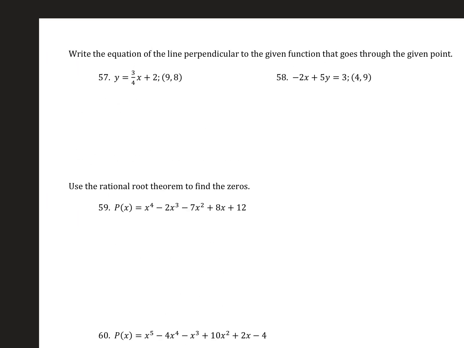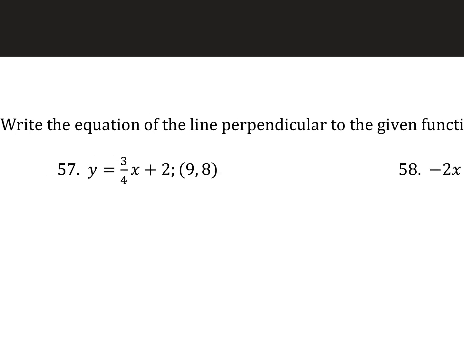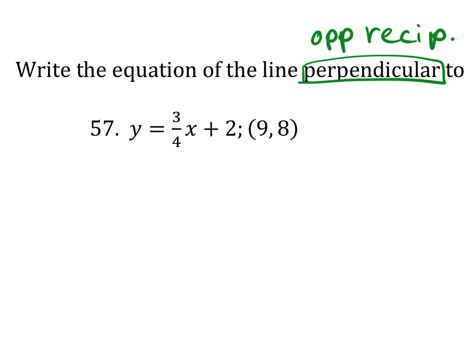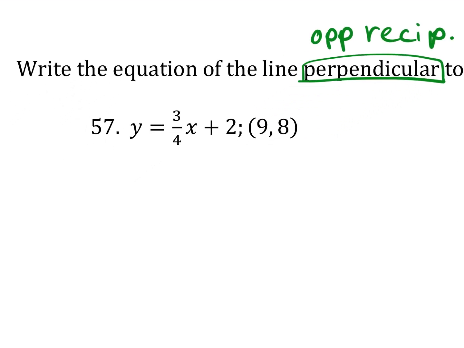All right, the next one, kind of the same idea. We want to write the equation of a line perpendicular. So what do we know about the slope when it's perpendicular? Opposite reciprocals, meaning that it's the opposite sign and we have to flip the number. So what's my slope in the line for 57?